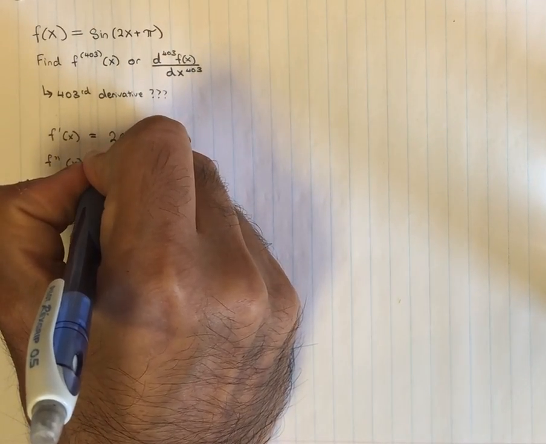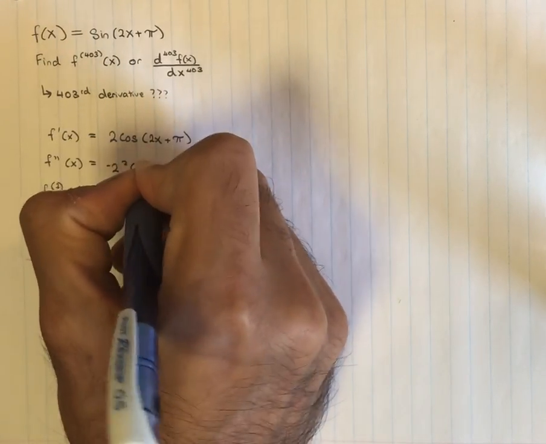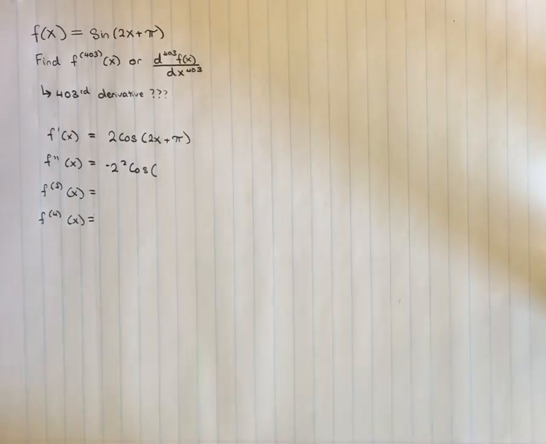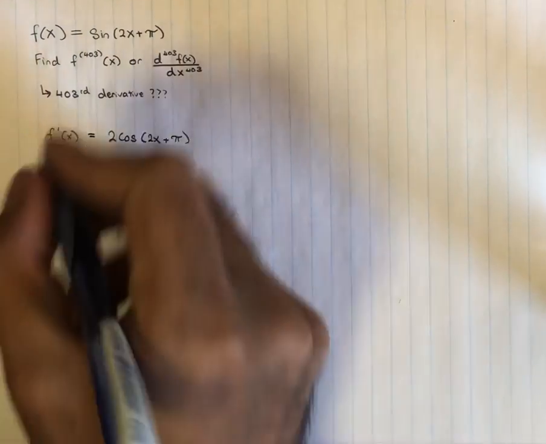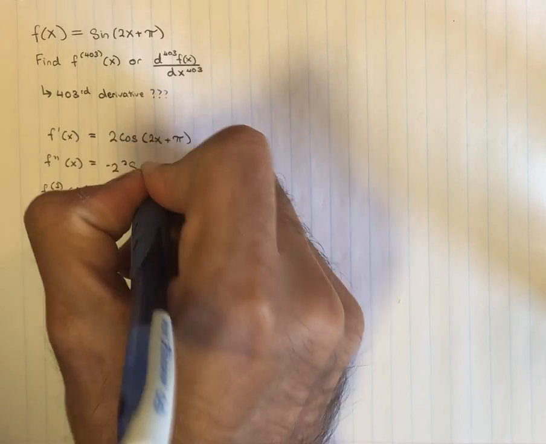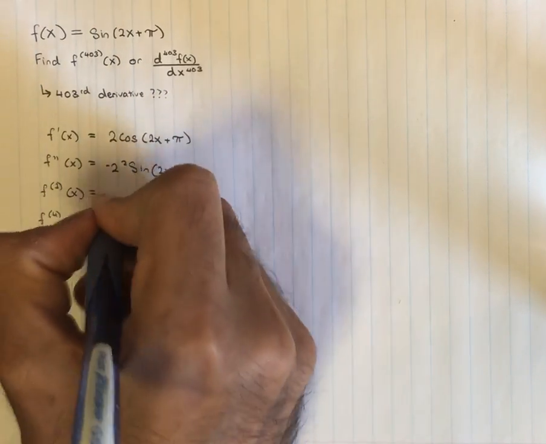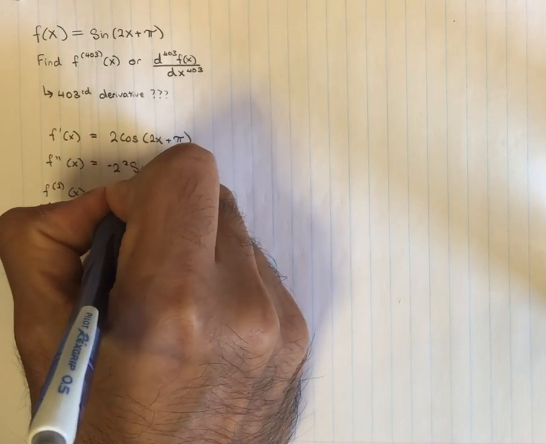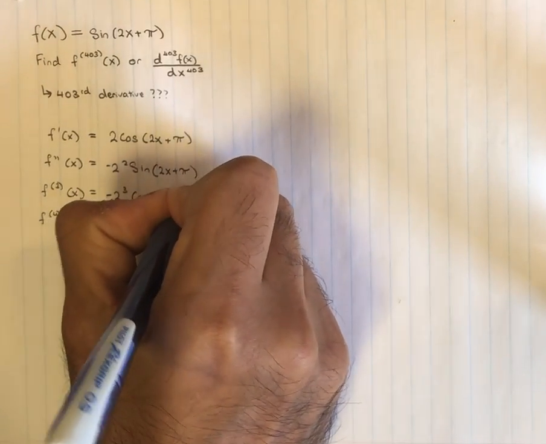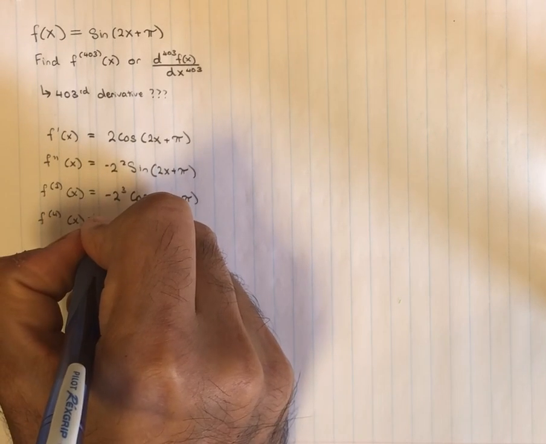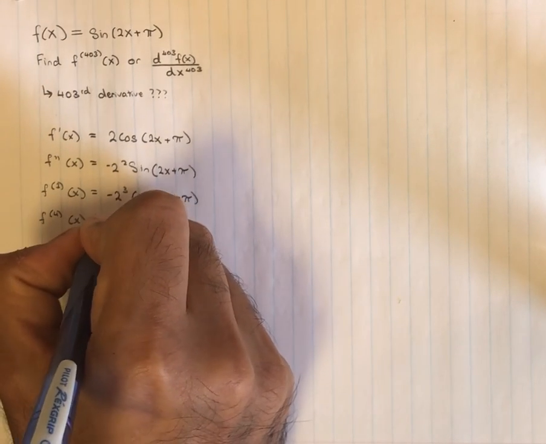Then we're going to get minus 2 squared sine. Then taking the derivative again, we get minus 2 cubed cos. And then finally, cos becomes minus sine, so we get 2 to the fourth.